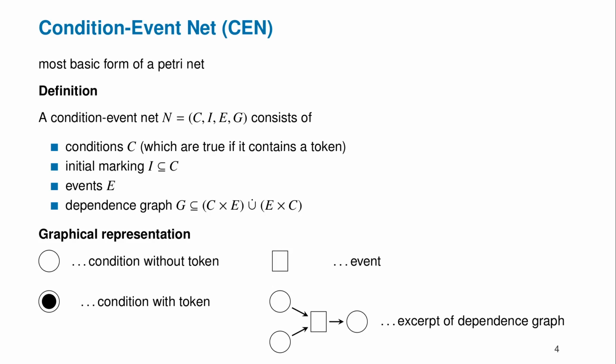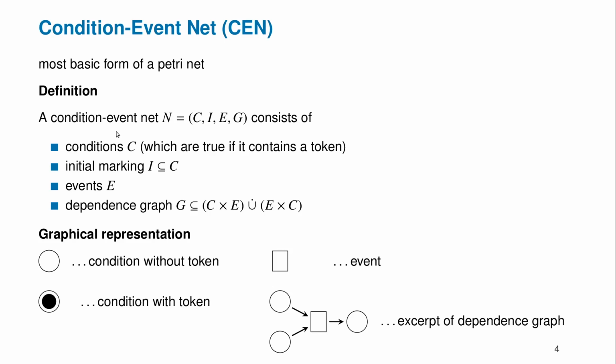Okay, so a Petri net, or in particular a condition event net, is also defined like an automaton in terms of a tuple. We have conditions C, which can be true or false. If they are true, then they contain a token. This also gives us the semantics and the behavior of a Petri net, as we will see.